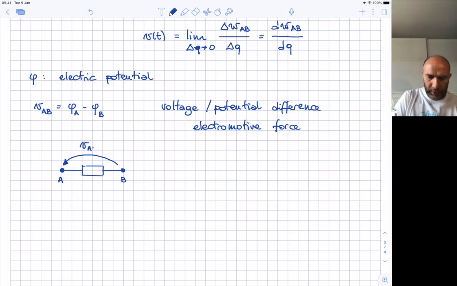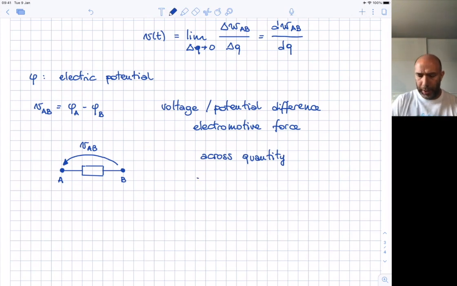We call this V_AB, and this quantity, as represented on this picture, is an across quantity, and also this one is endowed by a direction.